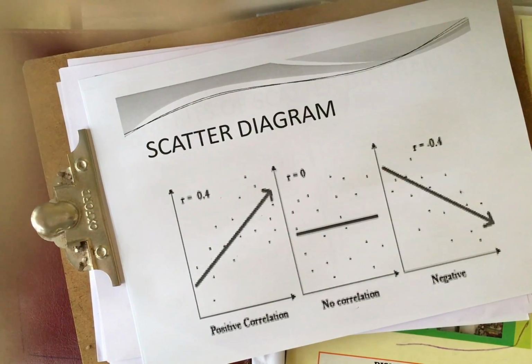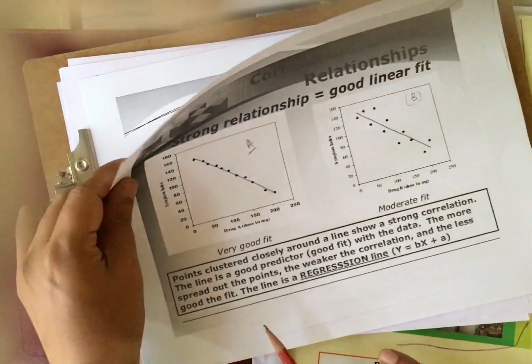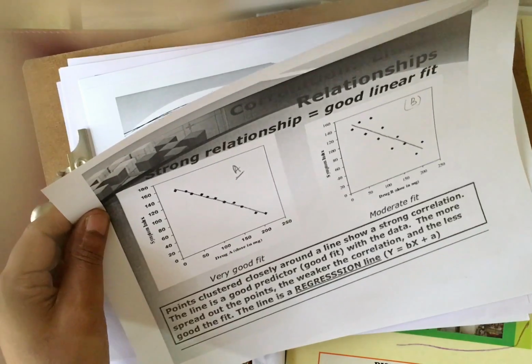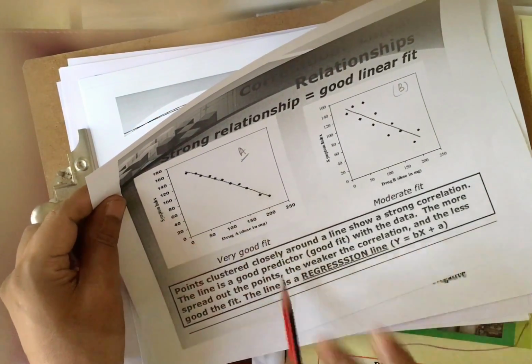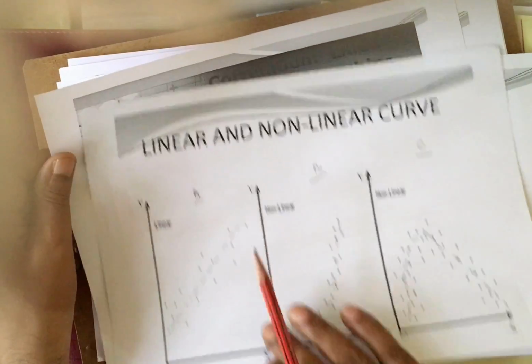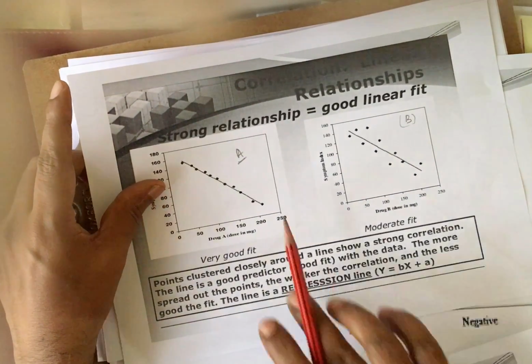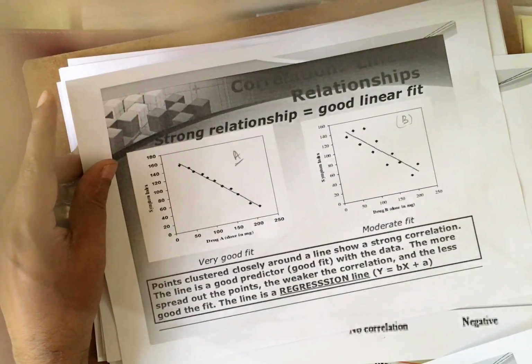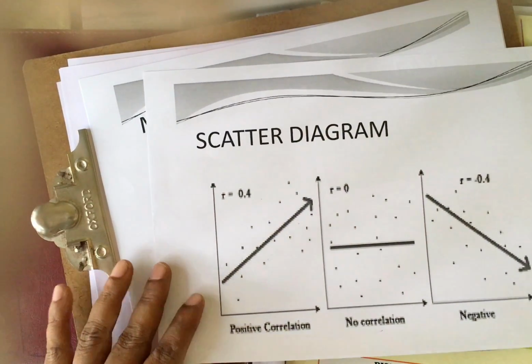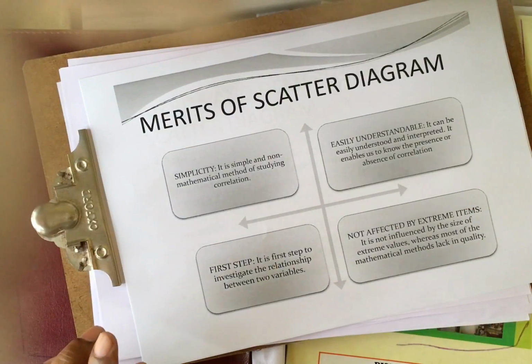Here the points go up and down. In the case of price and demand we can say there is negative correlation, whereas the other one we studied was positive correlation. Here it is positive, here it is negative. All the points we show in the diagram make what is called the scatter diagram. So this is one area which we have completed.